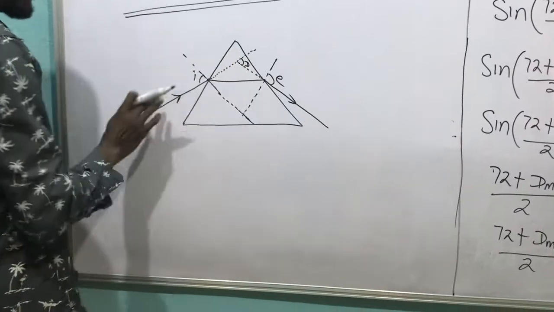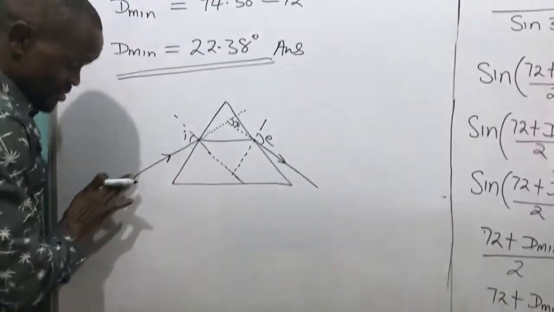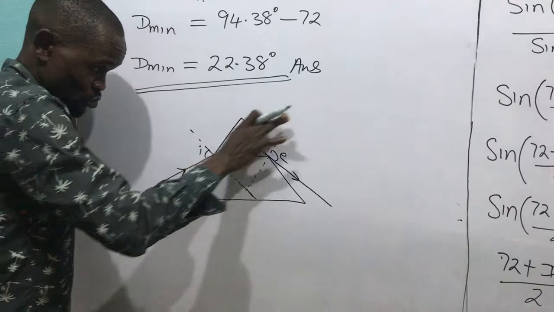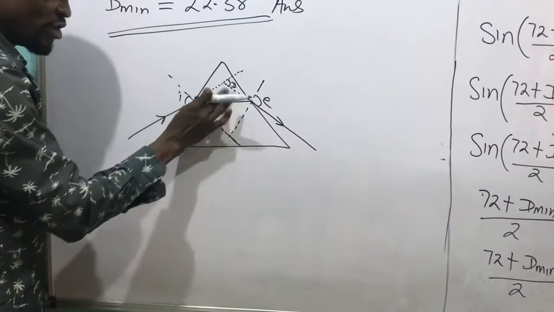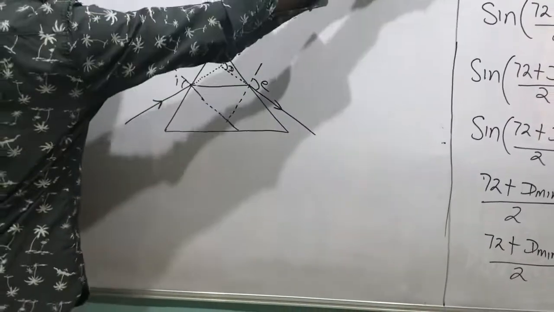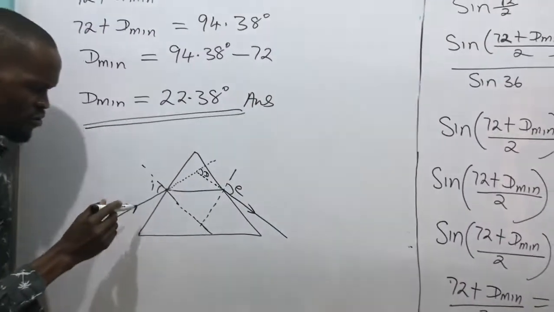This becomes the deviation, which makes this ray, which is supposed to move this way, move this way instead. So what angle does it use to deviate? It used this angle to deviate from the line it is supposed to be moving along.